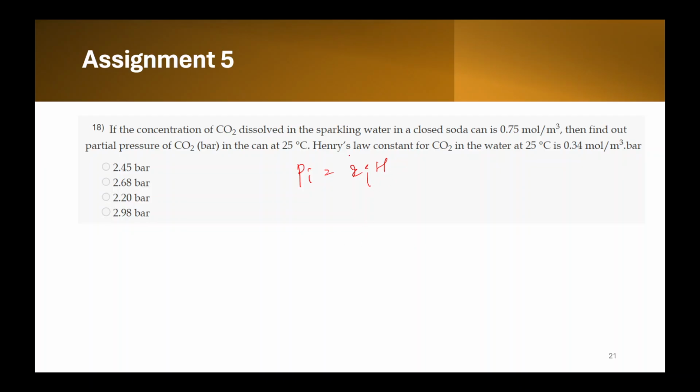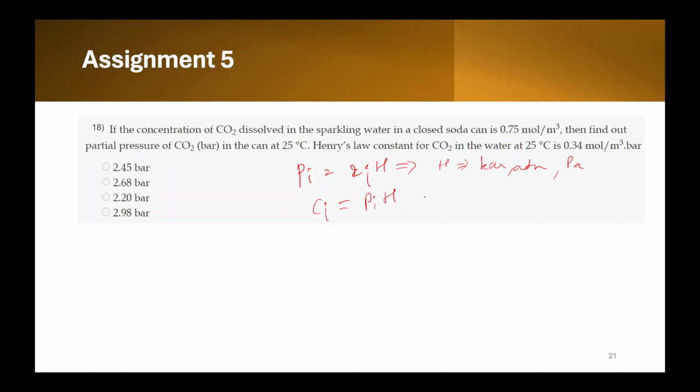So another way to express this Henry's law is suppose we have Ci into Pi is equal to H. So if you see from here, your Henry's constant unit is in some units of pressure, say bar, atm, or you can say Pascal.